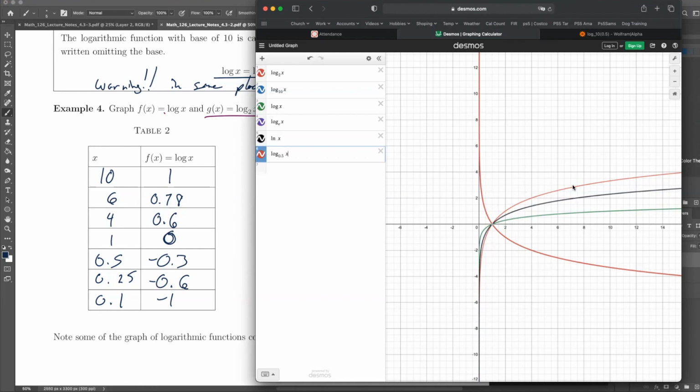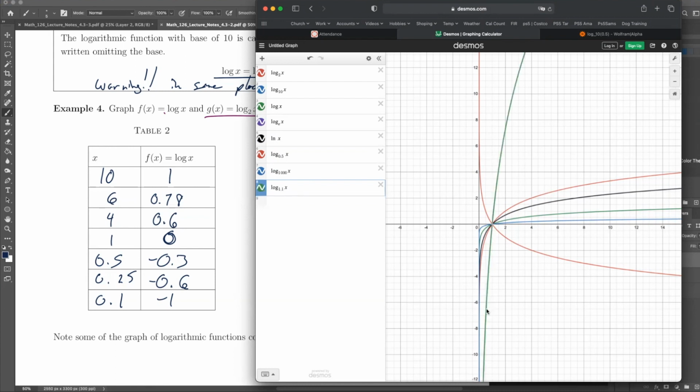And notice, a couple things to note: as the base of the log increases, it gets flatter and flatter and flatter, right? So here if I have, I don't know, just log base 1,000 of x, notice how extremely flat this is. And then it'll just widen out until we have log base 1.1 of x.